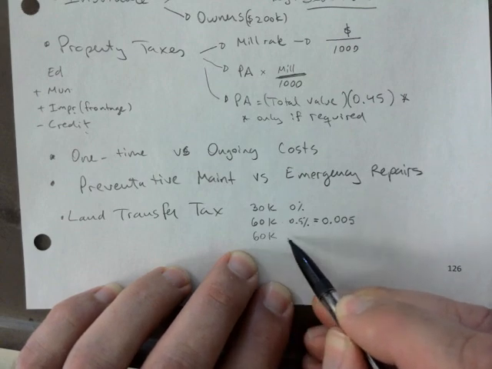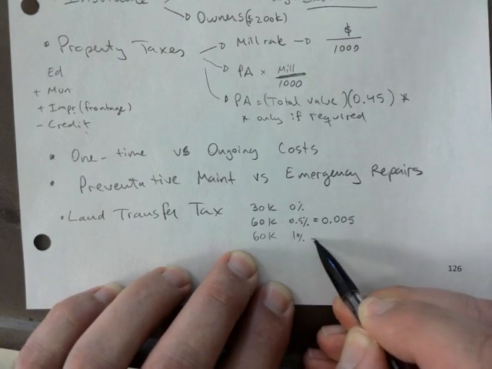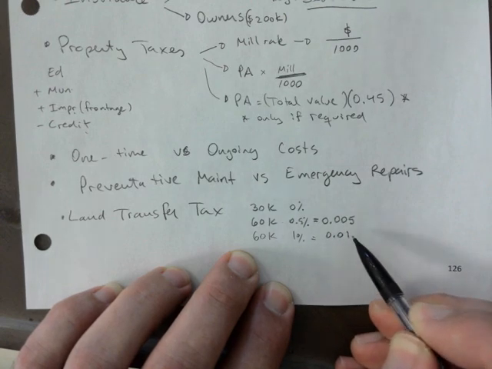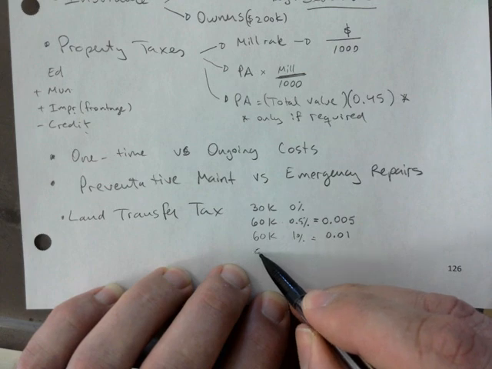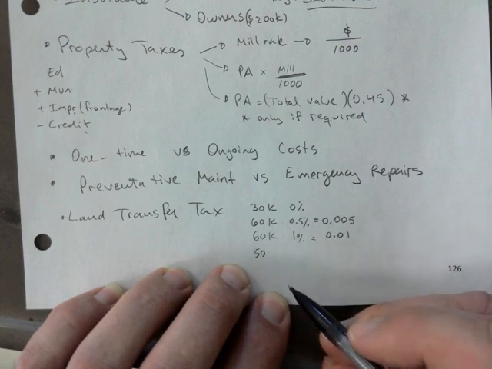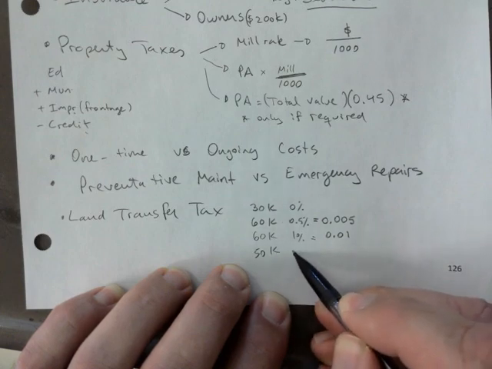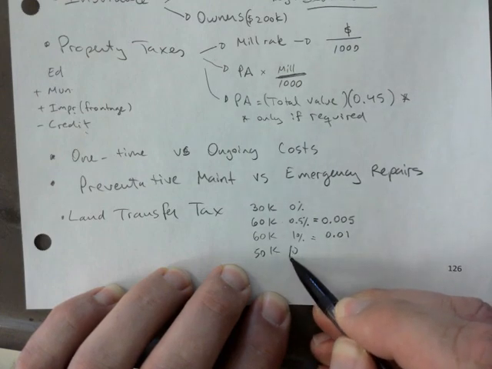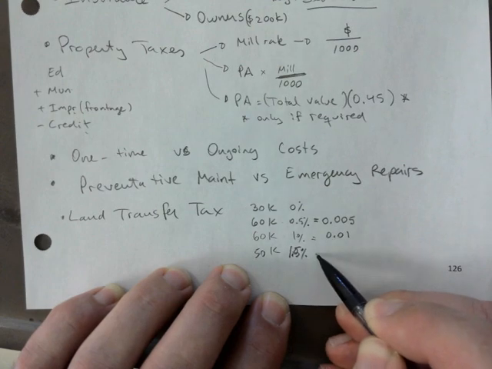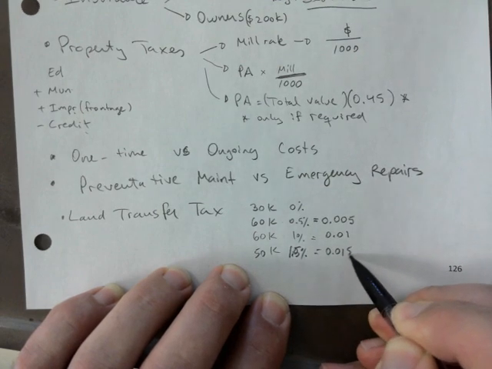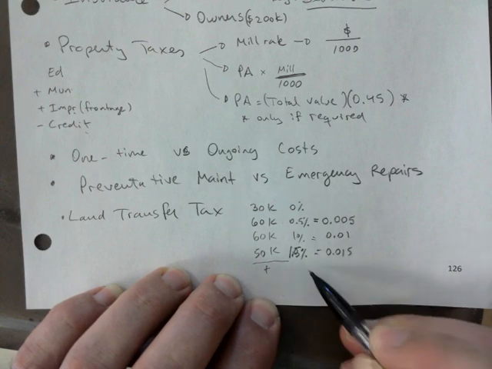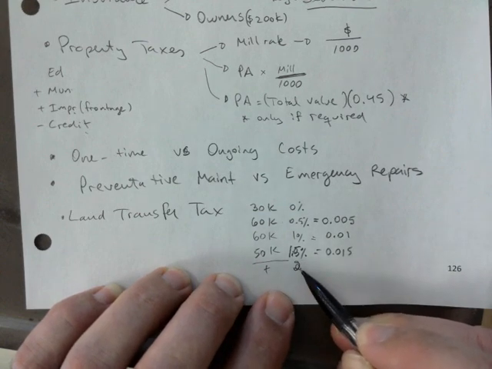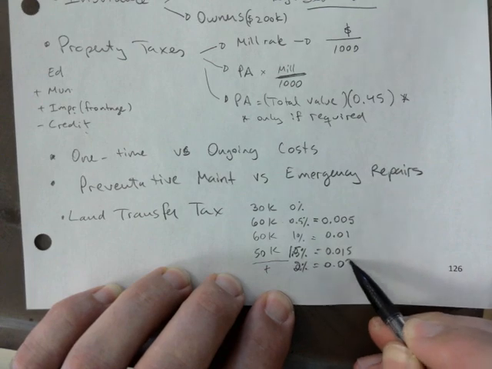The next 60K is 1%, 0.01, because I'm not giving you the decimals, I'm just giving you the percentages. So if you need to write this down, this is 1.5% at 0.015, and then anything above that gets 2%, which is 0.02.